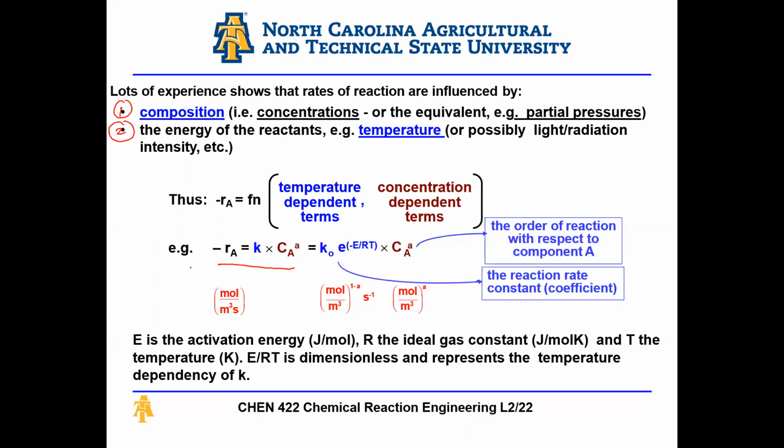And your reaction rate constant can also be represented in this form, where I have a pre-exponential factor multiplied by the exponential of minus E over RT, where E is your activation energy, joules per mole, R is your ideal gas constant, and T is the temperature, right?